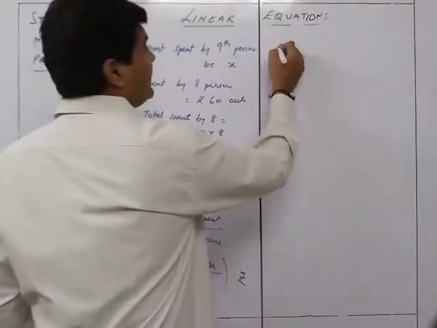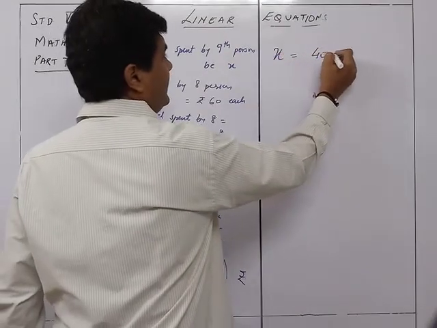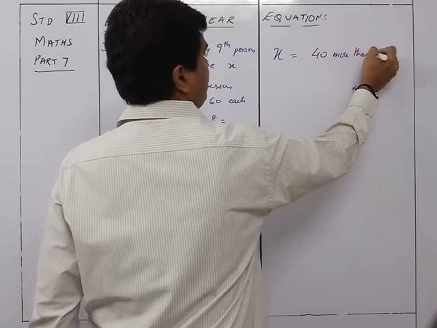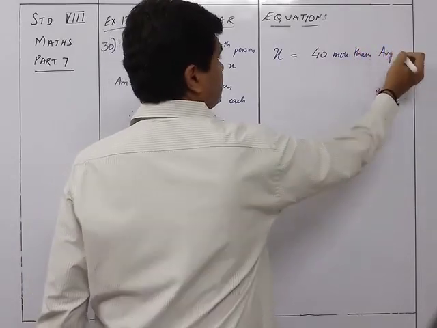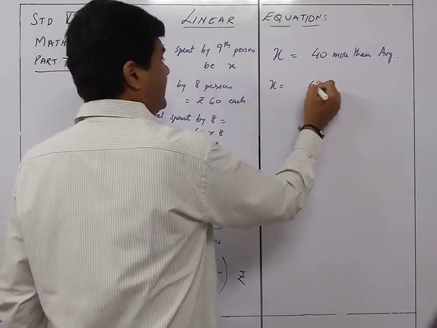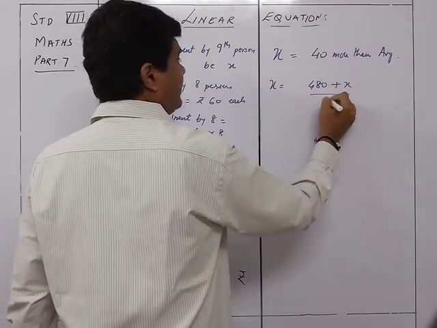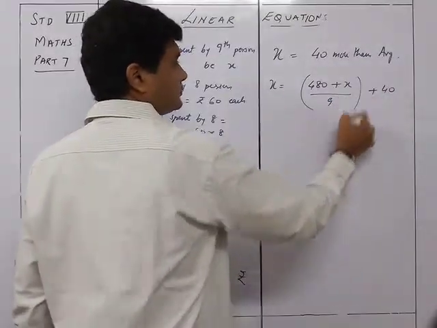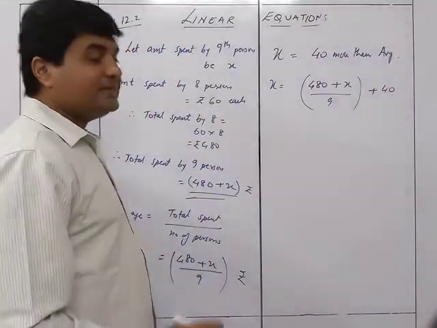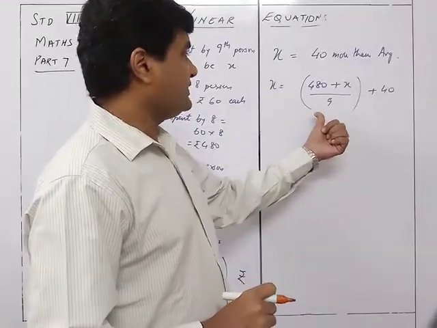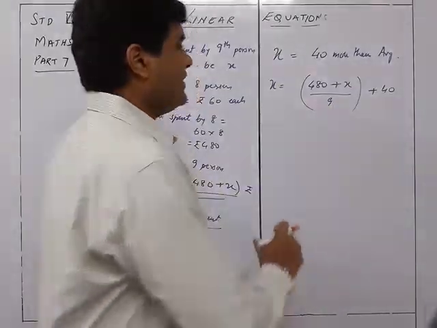So we know that x is equal to 40 more than the average. So x is equal to 480 plus x upon 9 plus 40. This is the equation we are talking about. Now, what we'll do is get rid of this 9 first.